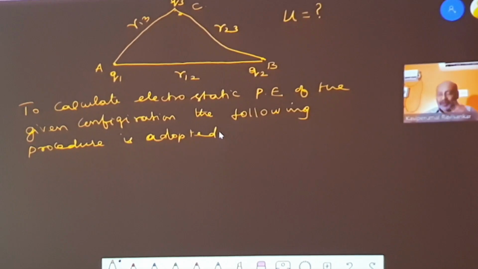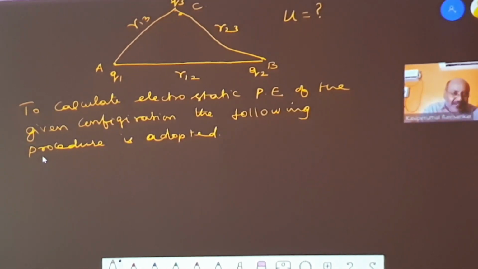So what is that following procedure? See, what you have to do is, initially you consider that all the three charges Q1, Q2 and Q3 are at infinity.